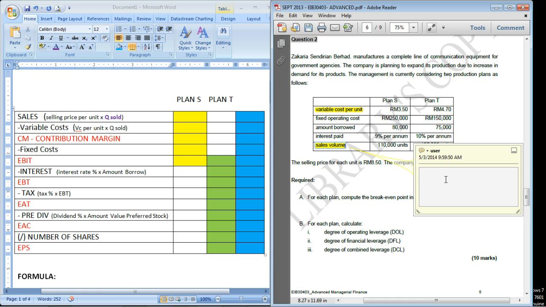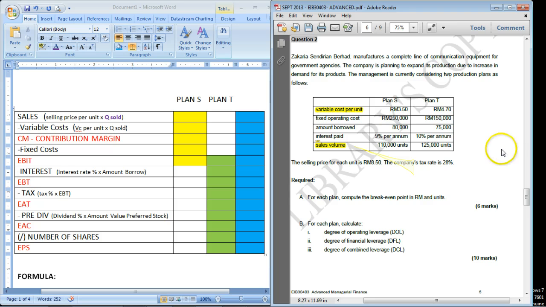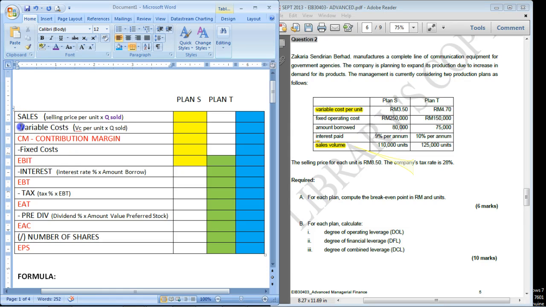Quantity sold is the same, class. This is quantity sold. For the next one, variable cost. This is a total as well.